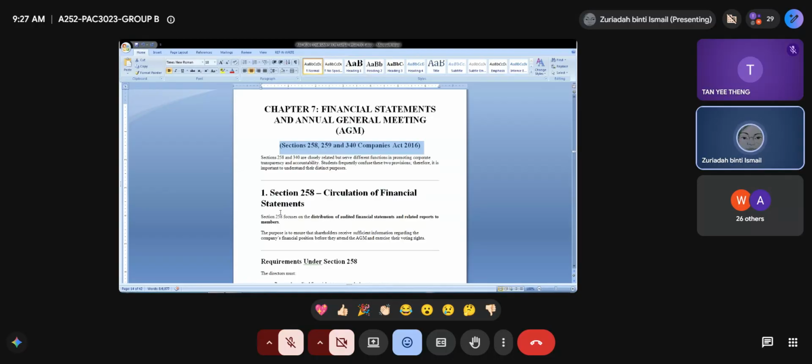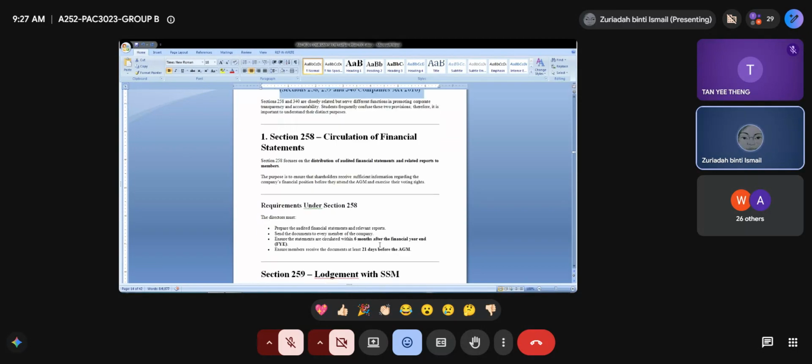Section 258 is about circulation of the financial statement. It means the audit must be completed within 6 months from the accounting closing date. Under section 258 also, the directors must make sure the financial statement has been audited.